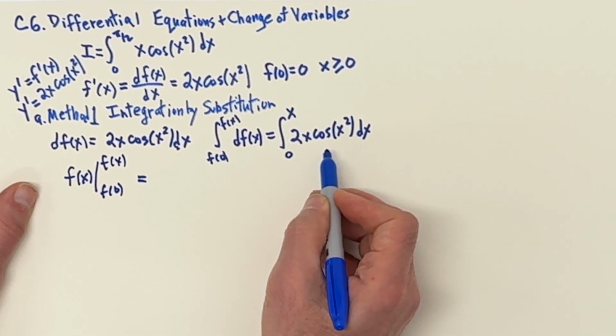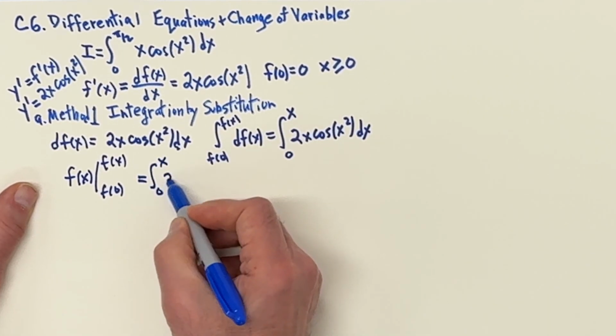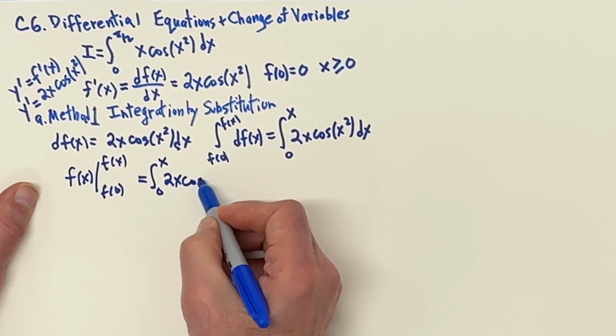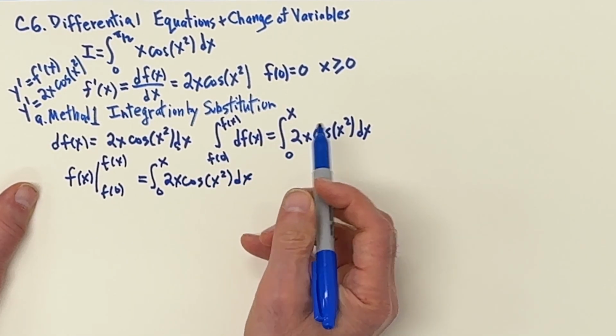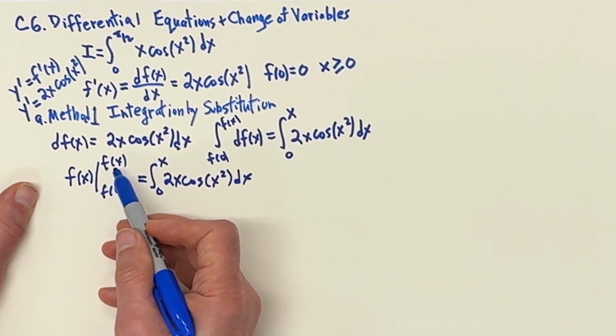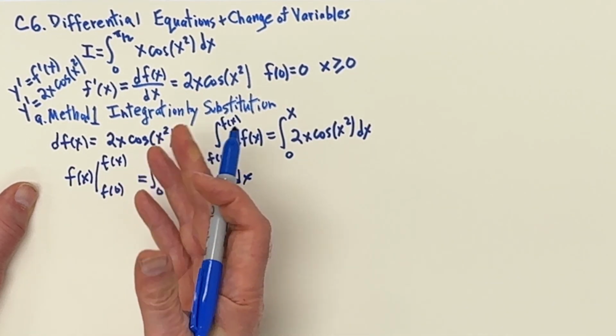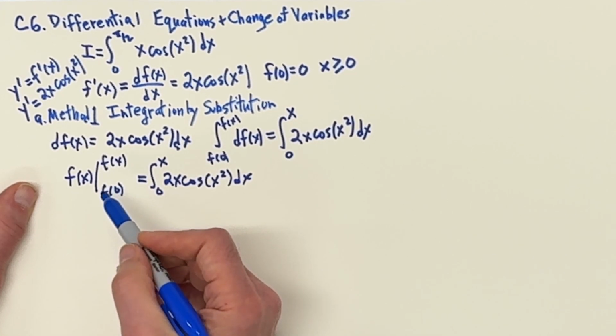And then on the right side, we write the same thing down again, 0 to x, 2x cosine of x squared dx. So we put in f of x at the top limit. Now notice that I am doing what the physicists do. There's no integration variable like we talked about in the last section.